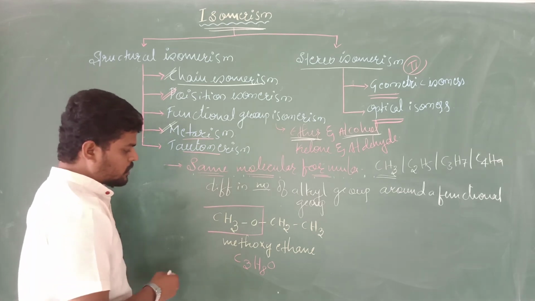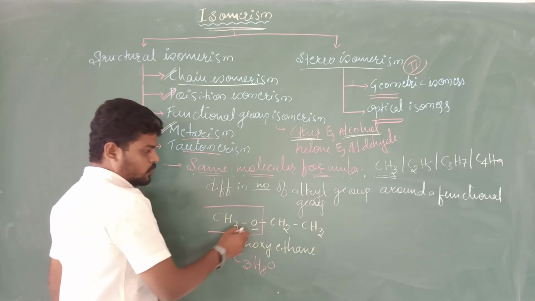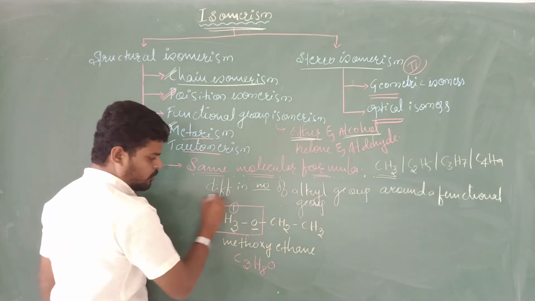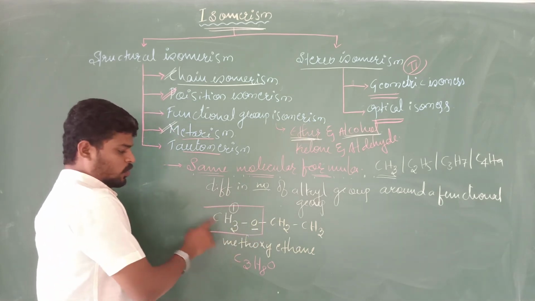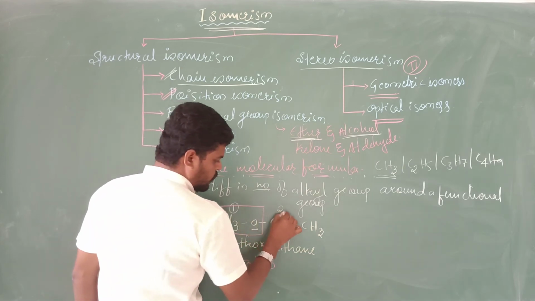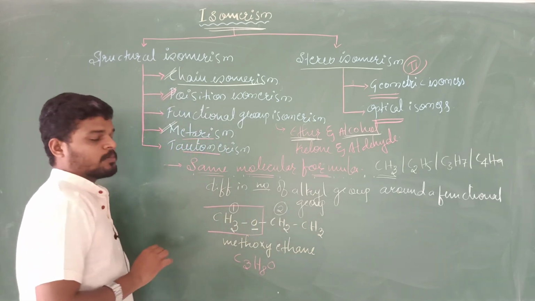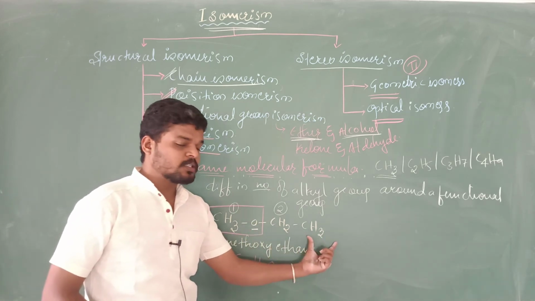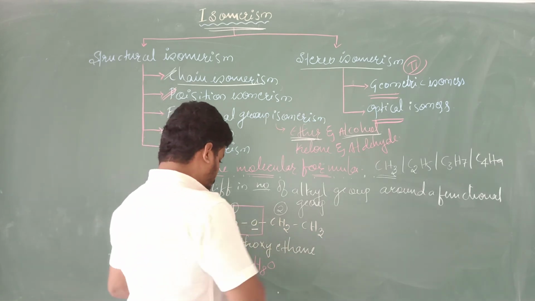Here this is the ether functional group. On one side there is a methyl group, only 1 carbon atom, and on the other side there are 2 carbon atoms. So on one side is a methyl group, and on the other side an ethyl group.